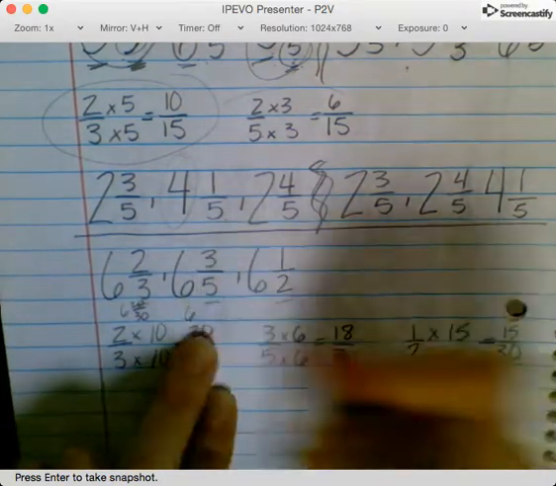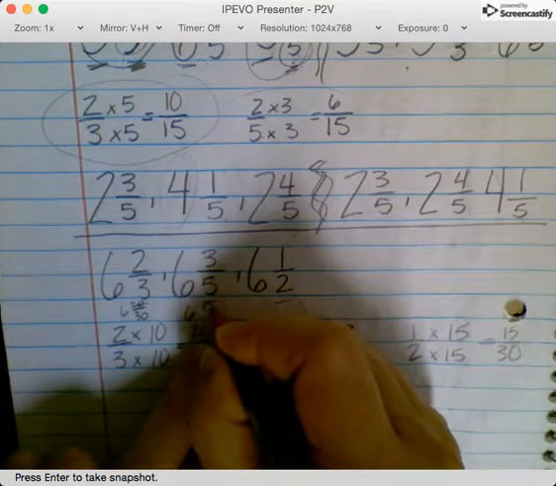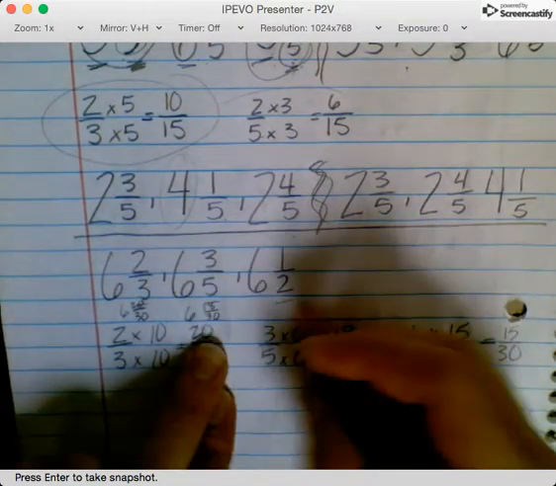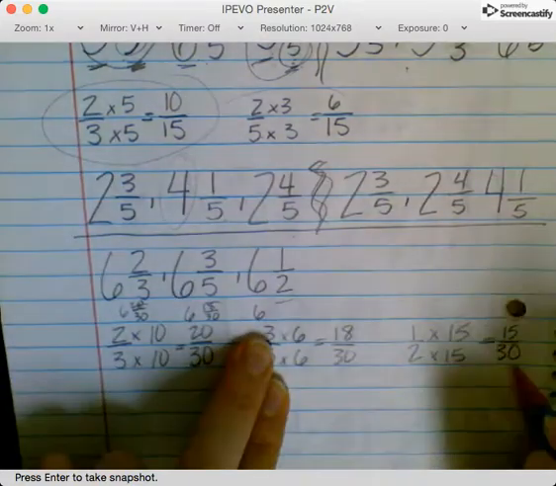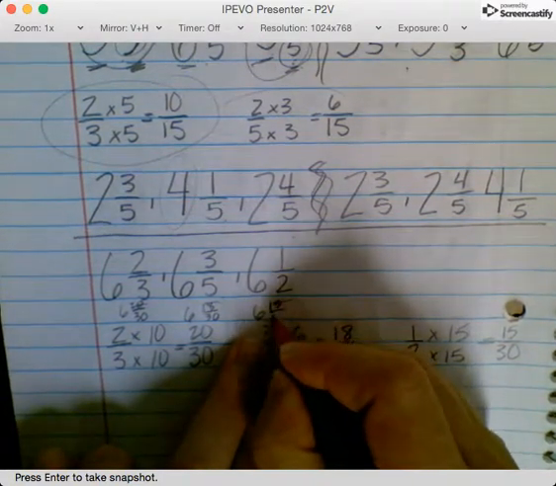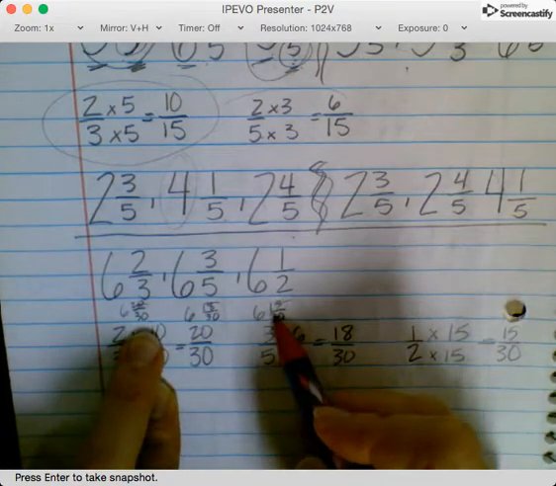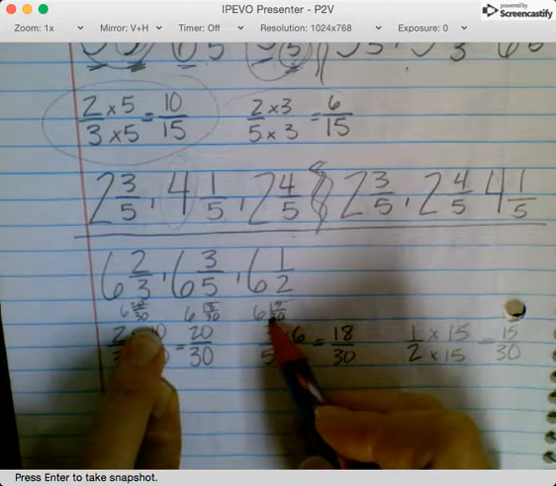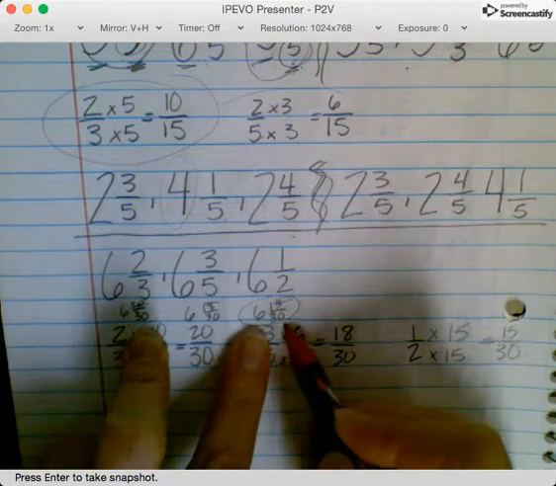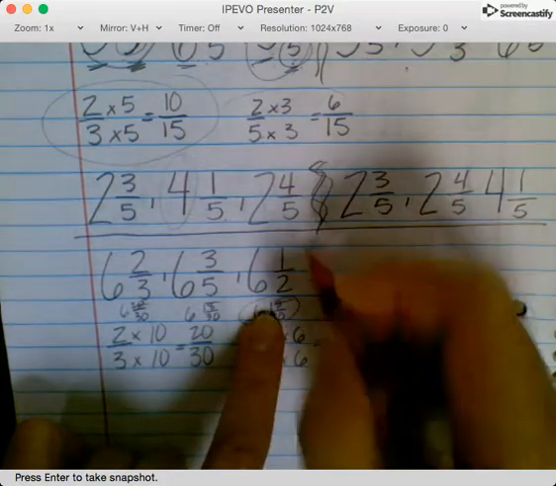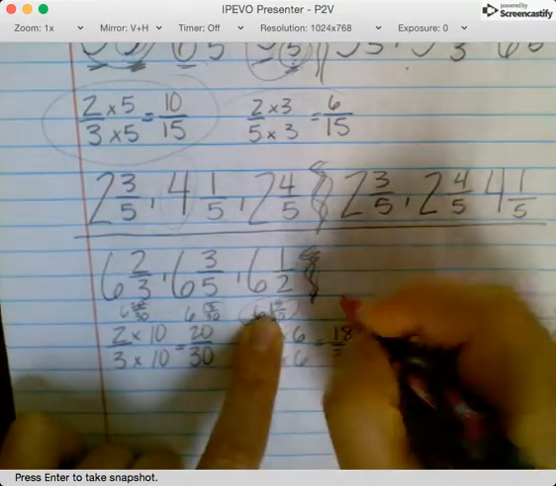This is 6 18/30, and this is 6 15/30. So if I look at my fraction, because my whole numbers are all the same, my smallest fraction is 15/30. And I remember I'm going to go ahead and write these as the original fraction.